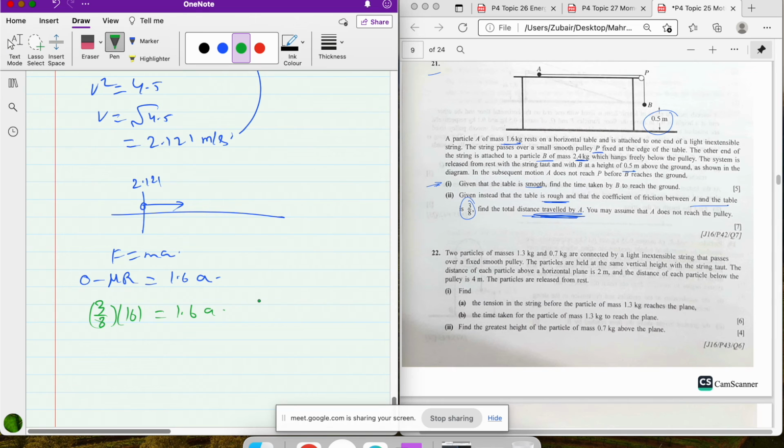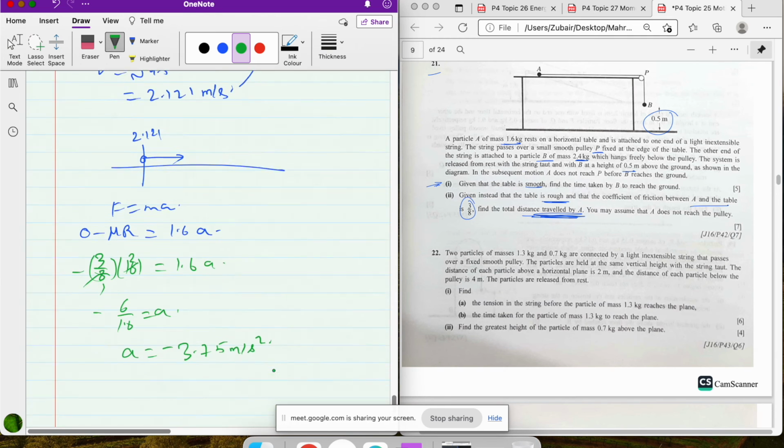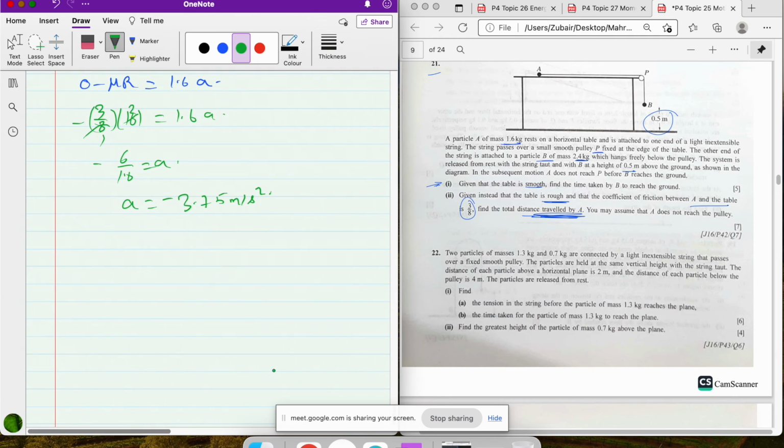So we can find a: 3 by 8 times 16 is 6, divided by 1.6, gives 15 by 4, that is 3.75 meters per second squared. I forgot the negative sign because it is retarding, so it is a negative acceleration, or retardation.